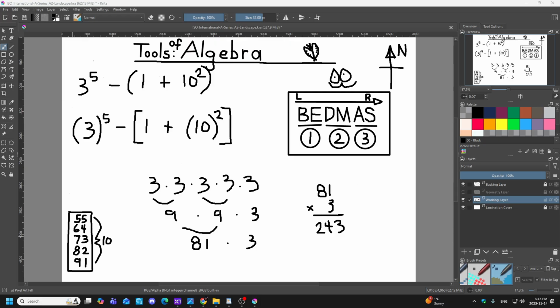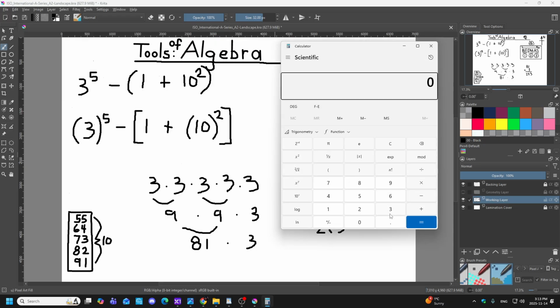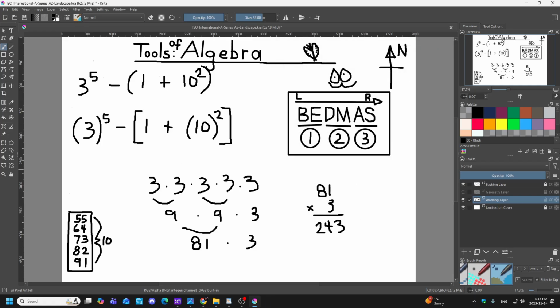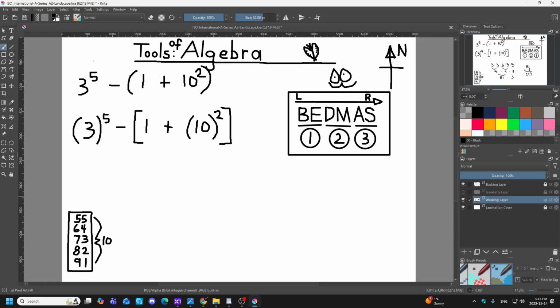We can quickly check on a calculator just to make sure. 3 raised to the 5th power, 243. All right. I'm going to clean this up. So we have 243.